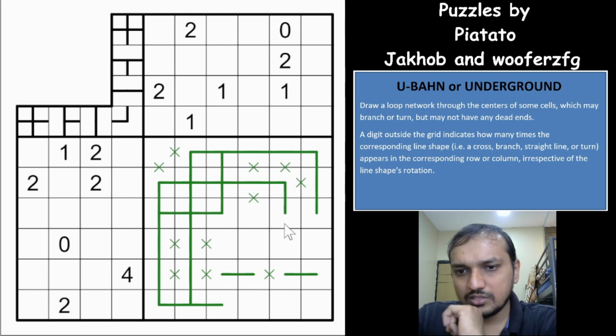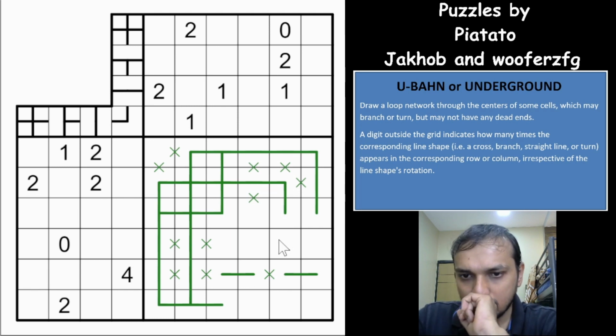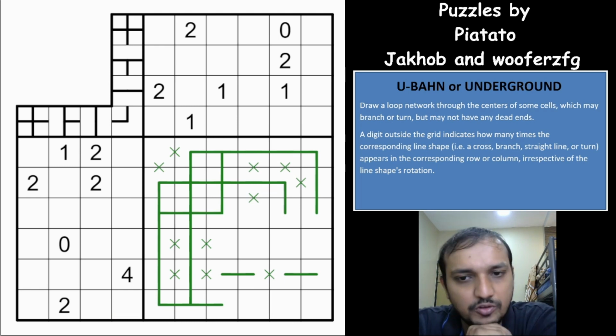You cannot have a plus, you need two branches here. Come on, it's an easy puzzle, but it's really confusing for me. It's for the first time I'm solving this puzzle.